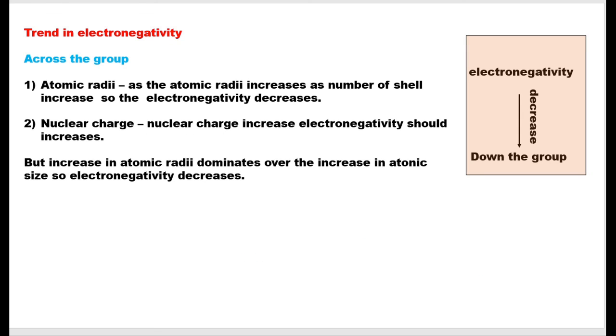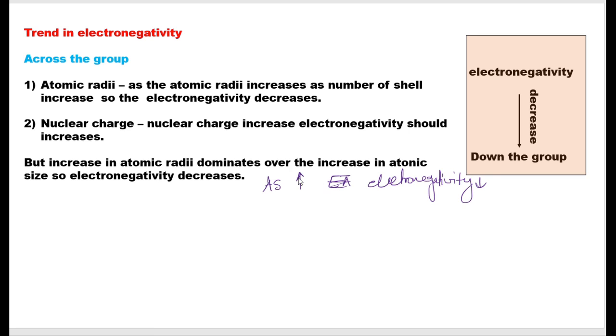Now for down the group, atomic size increases because the number of shells increases. So electronegativity decreases. Electronegativity and electron affinity, both properties vary similarly because both have the tendency to accept electrons only.